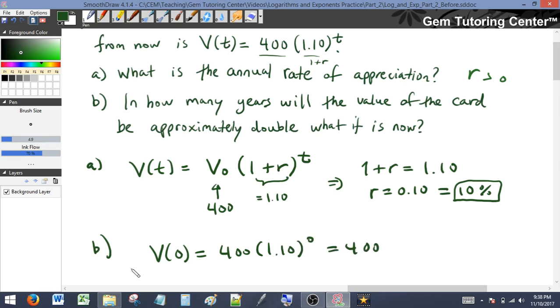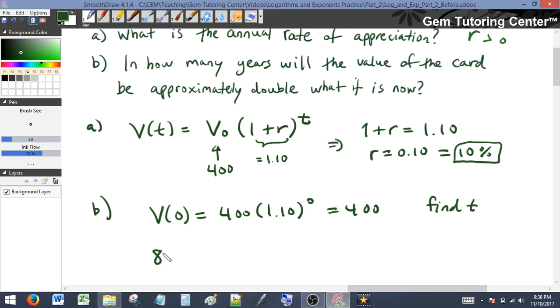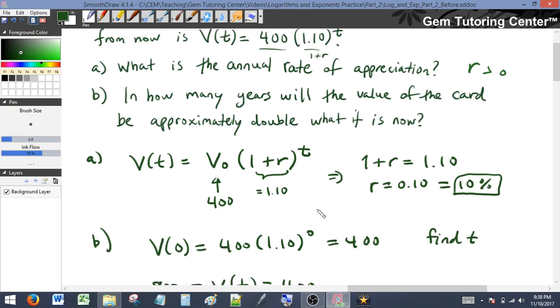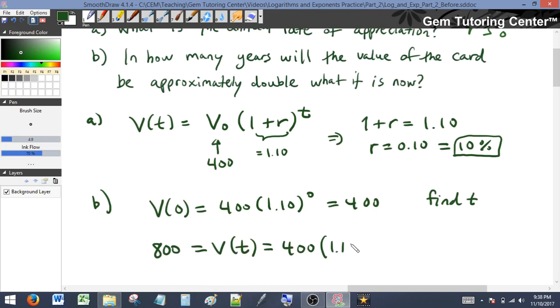They're asking in how many years, in other words, find t, when the value of the card will be approximately double what it is now. Double what it is now is 800. That's equal to some V(t), where we don't know the t. Looking back at the formula, it was 400 × 1.10^t.